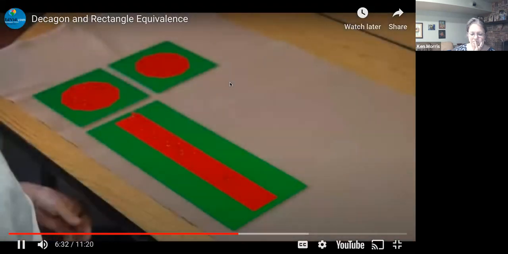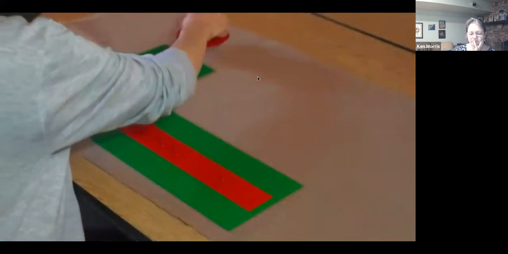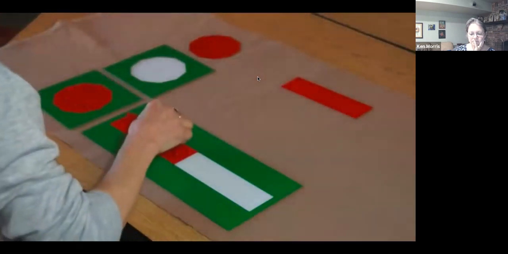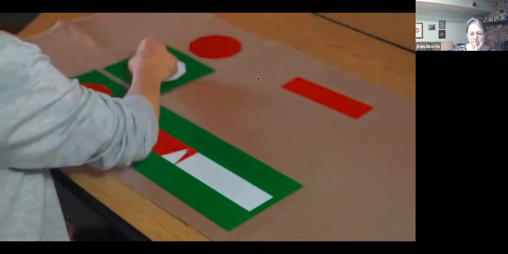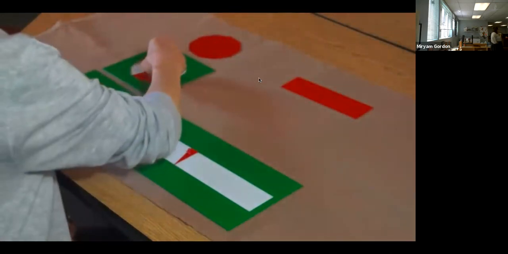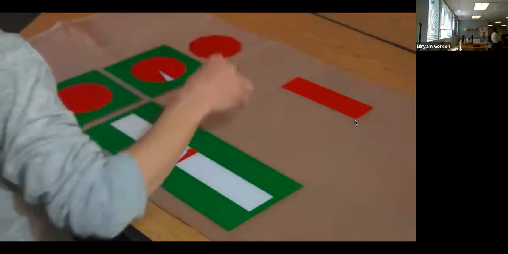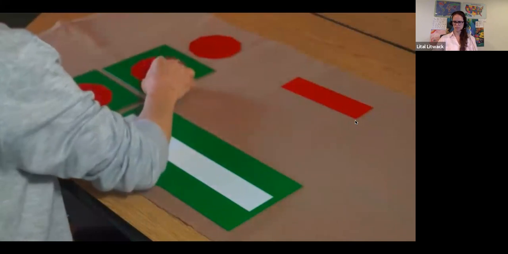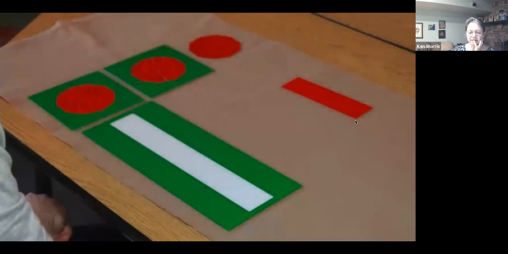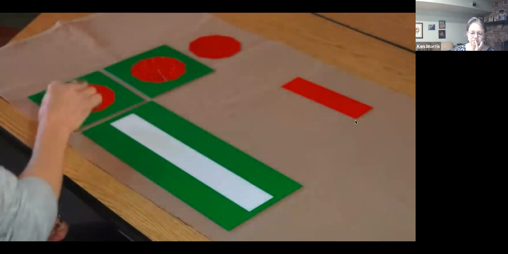So we'll continue to look at the sensorial equivalence of these figures. I'll take the whole decagon and the pieces of the divided rectangle, so we see that there are 2 regular decagons filled up.